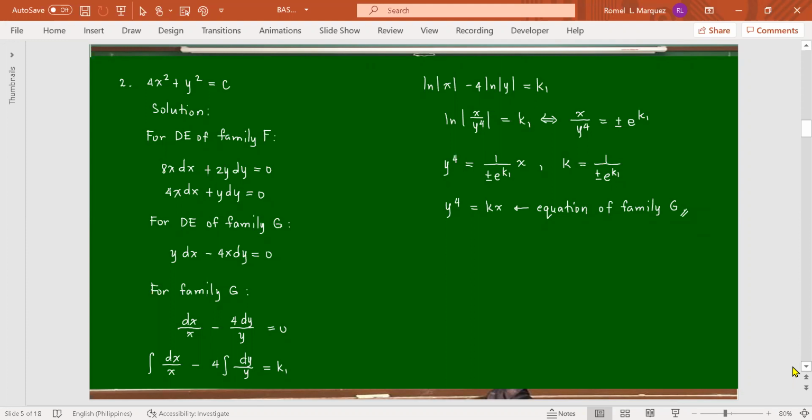So let us have the third one. So let's say we're given x squared plus (y minus k) quantity squared equals k squared.